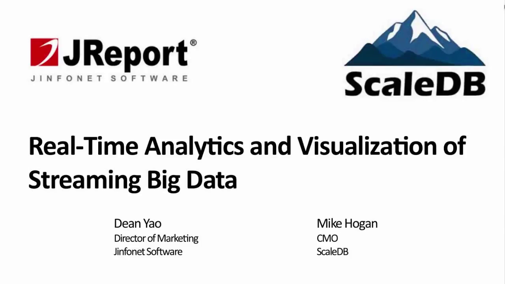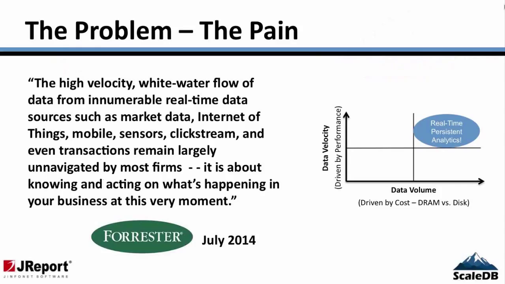This is Mike Hogan from ScaleDB, and let me just jump right into it. So first, we look at the problem or the pain, and as described by Forrester in their report of July 2014, the challenge here is high velocity, the real-time data as it's streaming in, and this can be coming from any number of data sources such as market data, real-time bidding, Internet of Things, mobile sensors, clickstream, et cetera, et cetera.